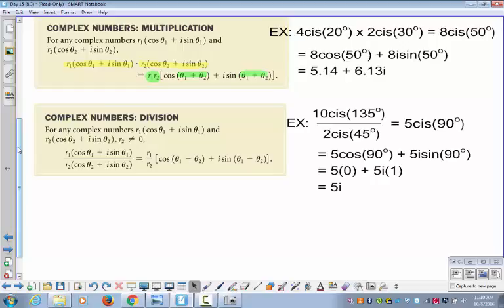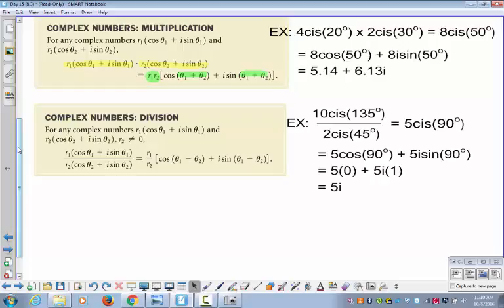And then I expanded it from this abbreviated notation, and to get back to standard form, we plug it into the calculator to evaluate. Cosine of 50 degrees times 8, if we round to 2 decimal places, is 5.14. And then sine of 50 times 8 is 6.13 to 2 decimal places, and we still have the I. So multiply the radii, add the angles.